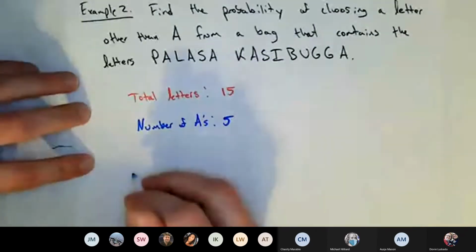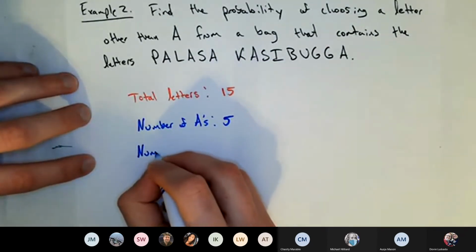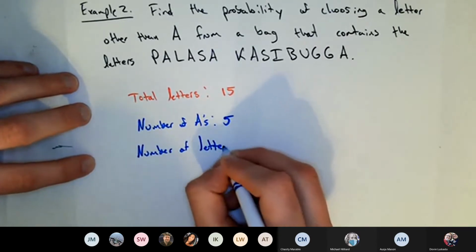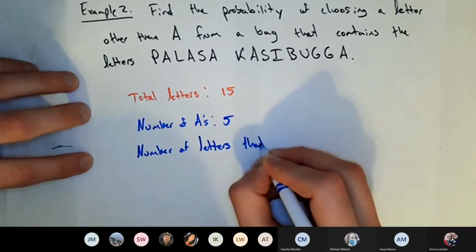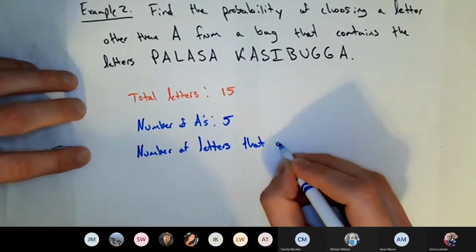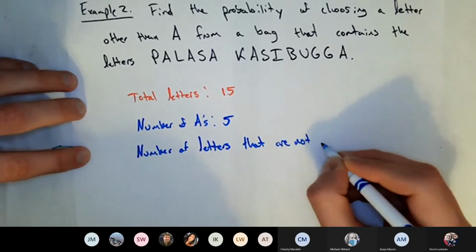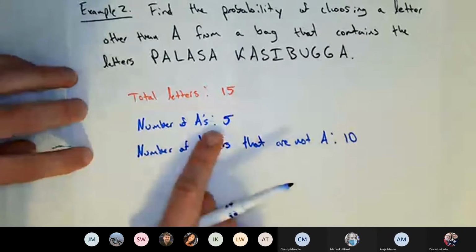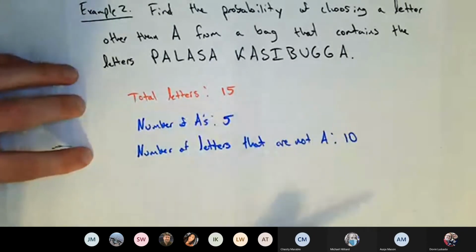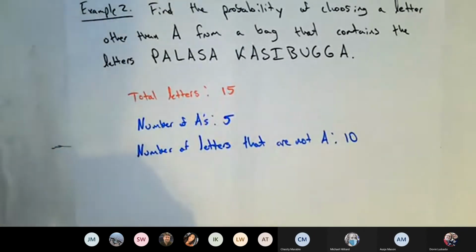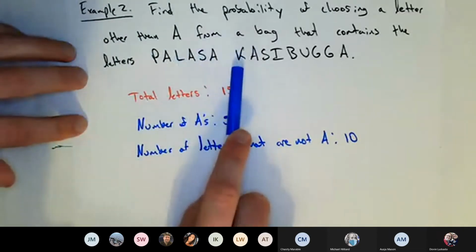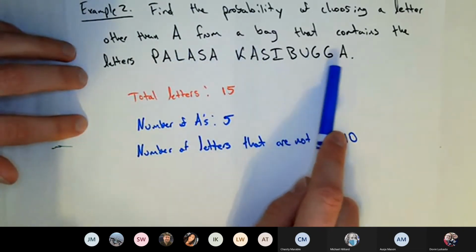What I really want is the number of letters that are not A. You've got to be careful what the problem is actually asking for. The number of letters that are not A has got to be 10: if there are 5 A's and 15 total letters, then there are 10 letters that are not A. You could just count those up too. P, L, S, 3, 4, 5, 6, 7, 8, 9, 10.